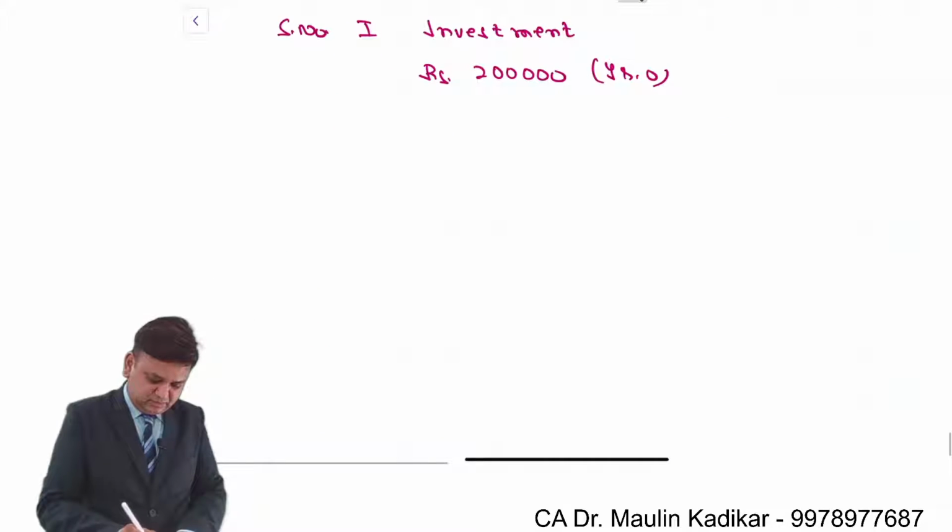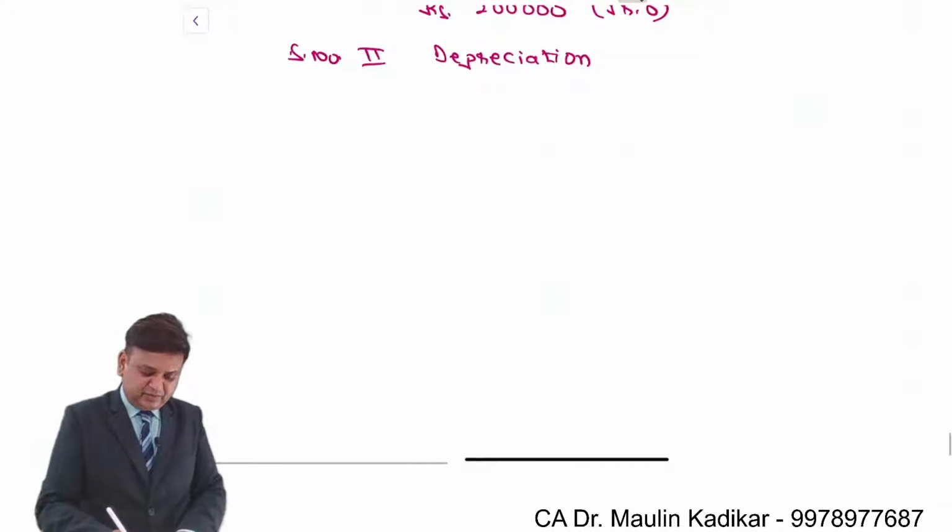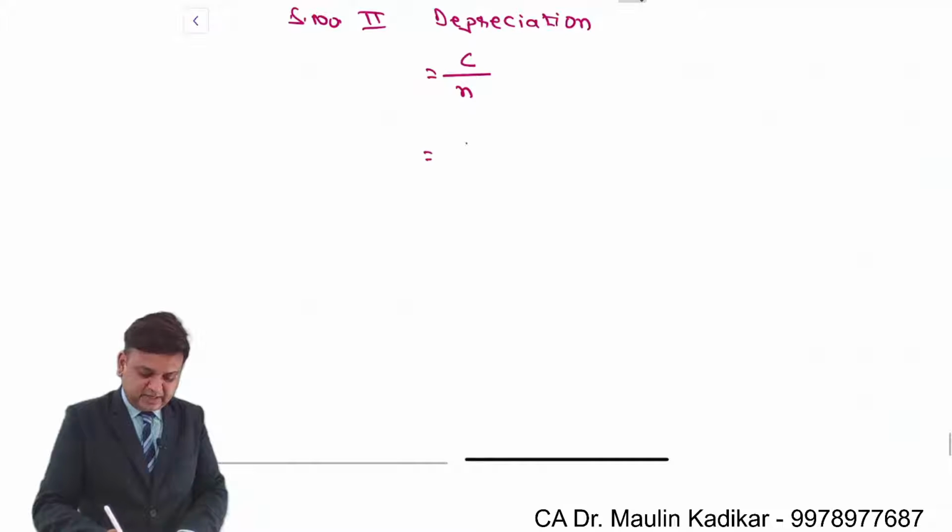Step number 2, depreciation. Depreciation would be found as cost divided by number of years. What is the cost of the machinery? 2 lakhs. What is the life of machinery? 2 years.